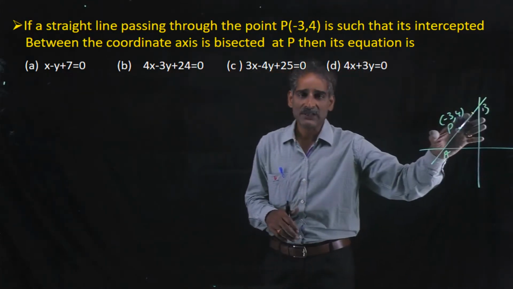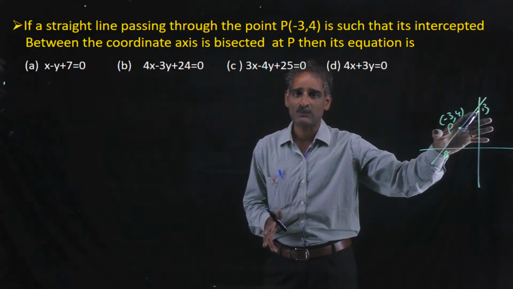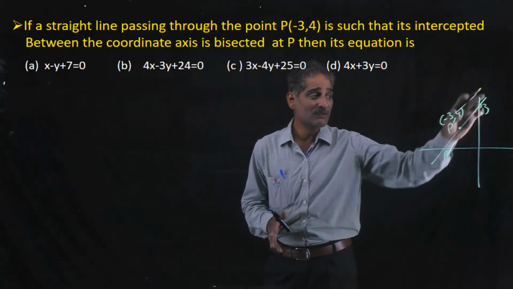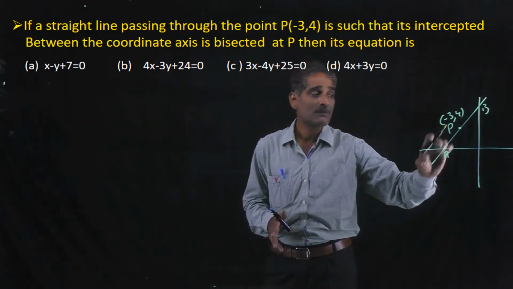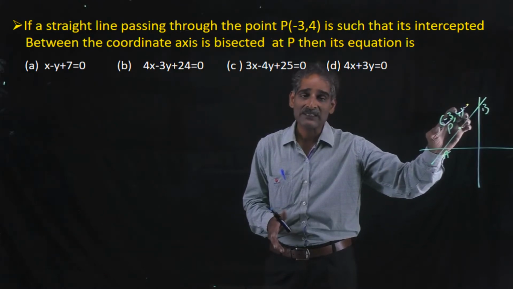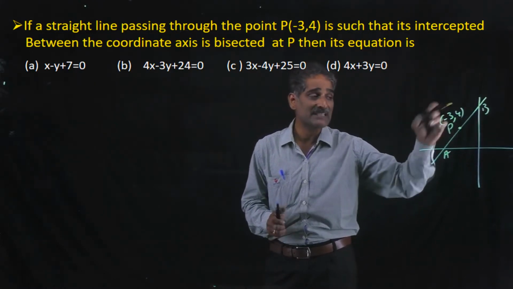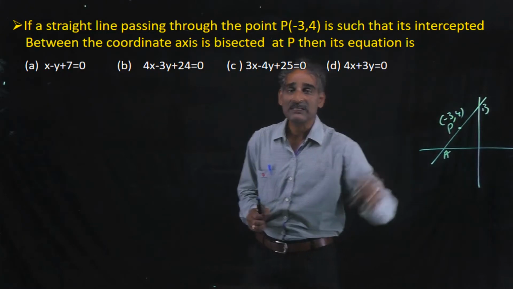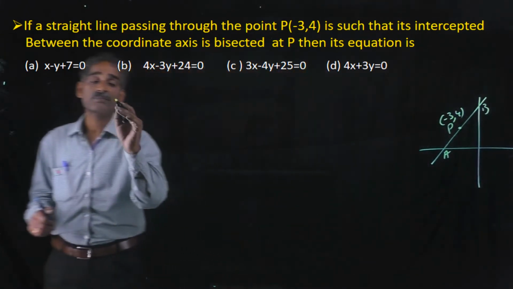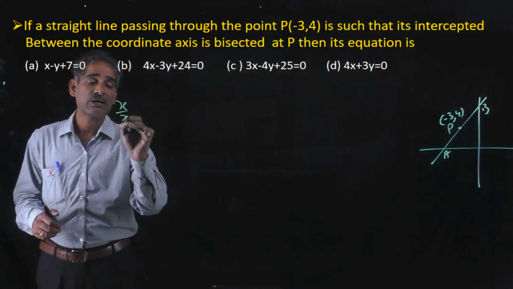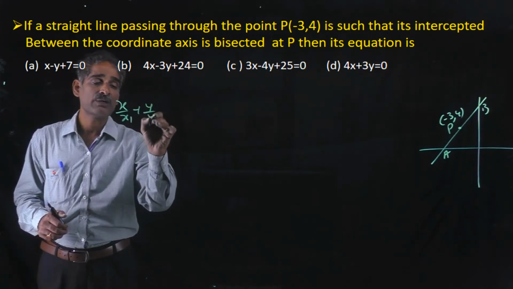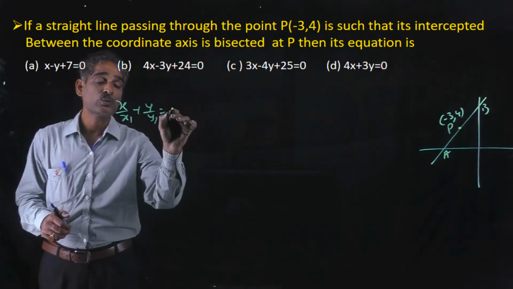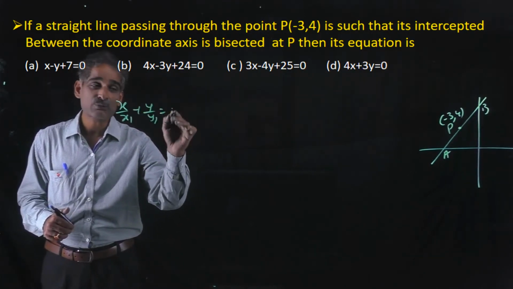For this there is a direct formula in objective problems. What is that? The equation of the line passing through (x1, y1), whose intercept between the axes is bisected by the point (x1, y1), is x by x1 plus y by y1 equal to 2.